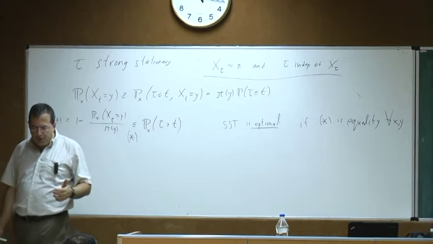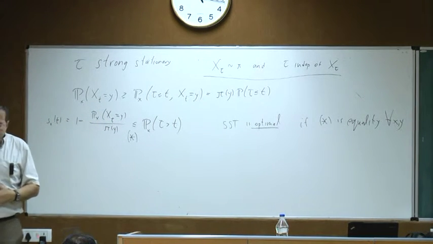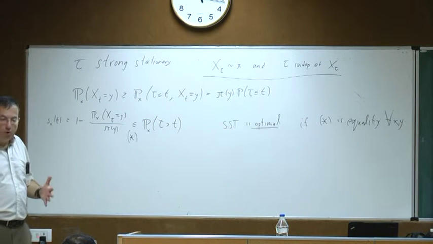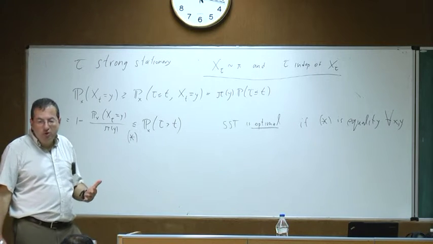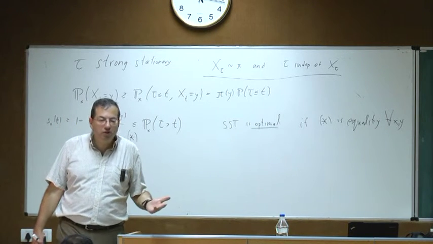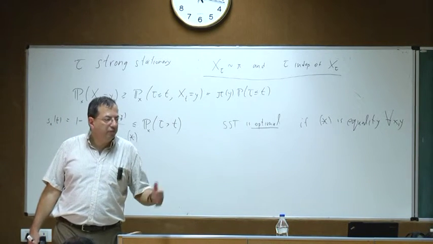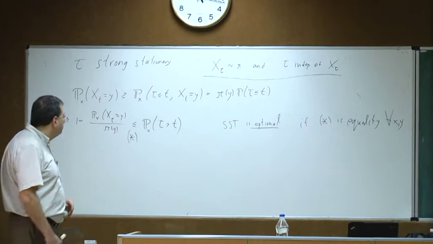If I have this equality, then it means the tail probabilities are as small as possible. And in particular, the expectation is going to be as small as possible, because the expectation of a positive variable is just the sum of the tails.